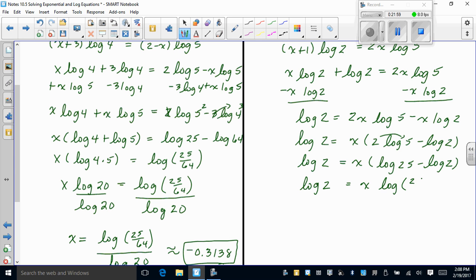Then we divide by log of 25 over 2. And then we lovingly throw this into a calculator, and we get an x value to be approximately 0.2744.